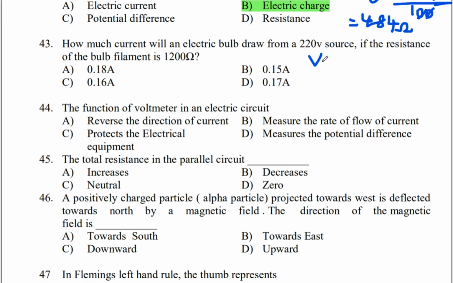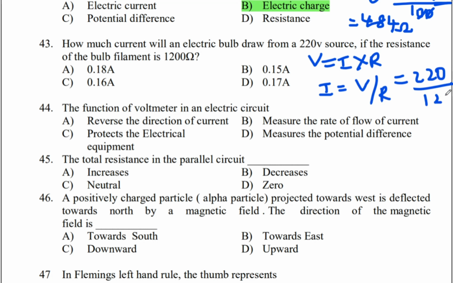By using Ohm's law, that is V equals I into R, now I equals V divided by R. So 220 divided by 1200, we get 0.18 amperes.